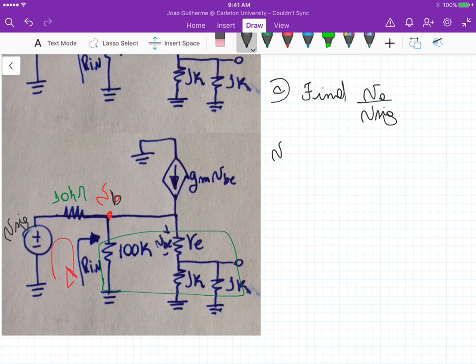So VB is equal to V signal times the input resistance, because that's the overall resistance here, divided by the input resistance times the source resistance, that's 10K, the signal resistance.